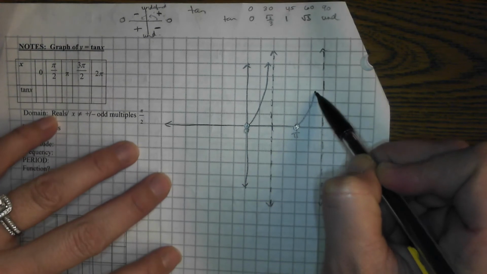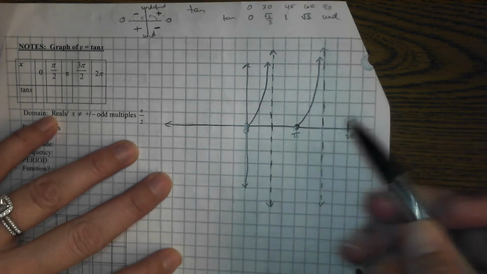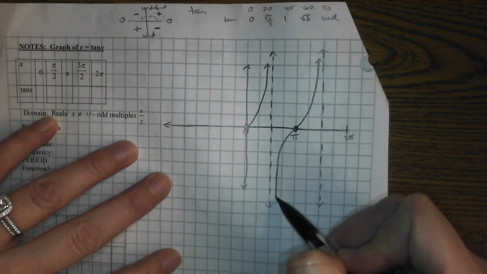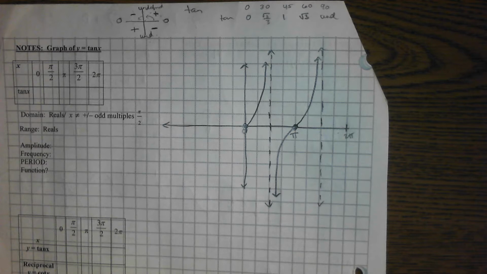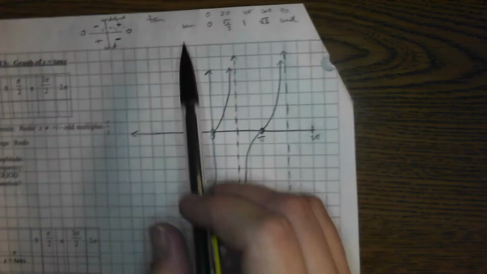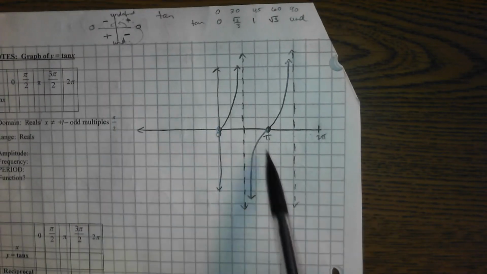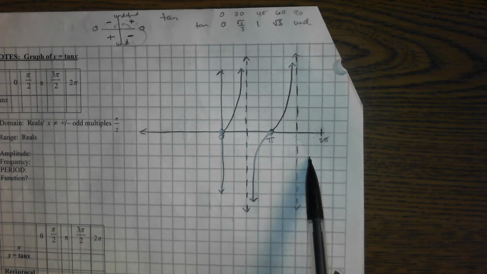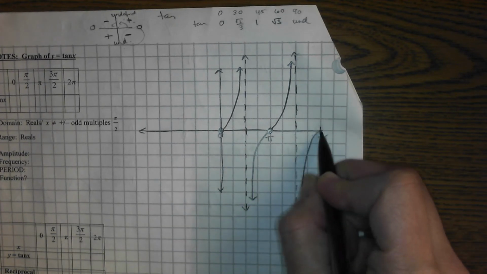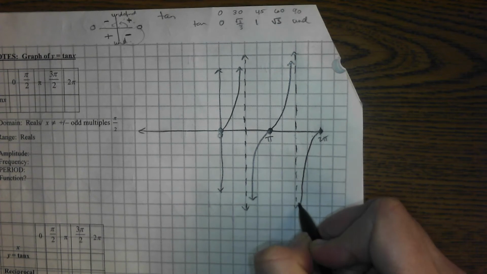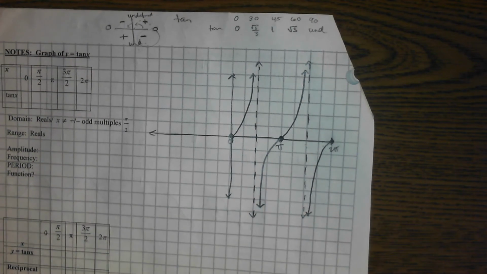And it increases towards the asymptote in that direction and decreases towards the asymptote coming from the other direction. And then lastly, in quadrant 4, which is just on the right side of this asymptote, the tangents are negative, so they come from negative infinity until you get back to 2 pi, which is where the tangent is 0.